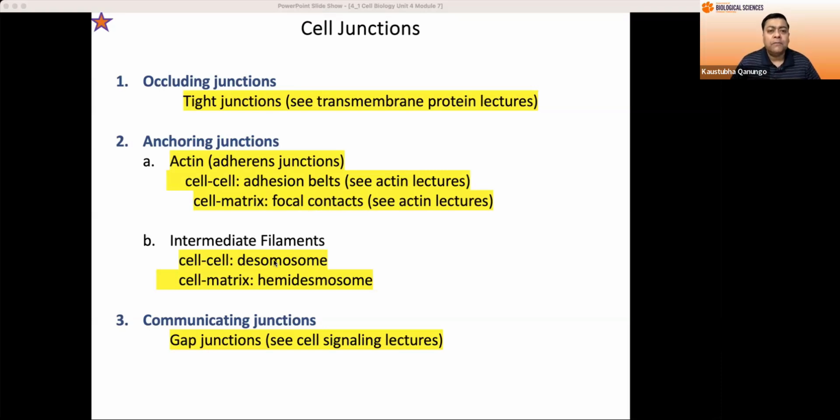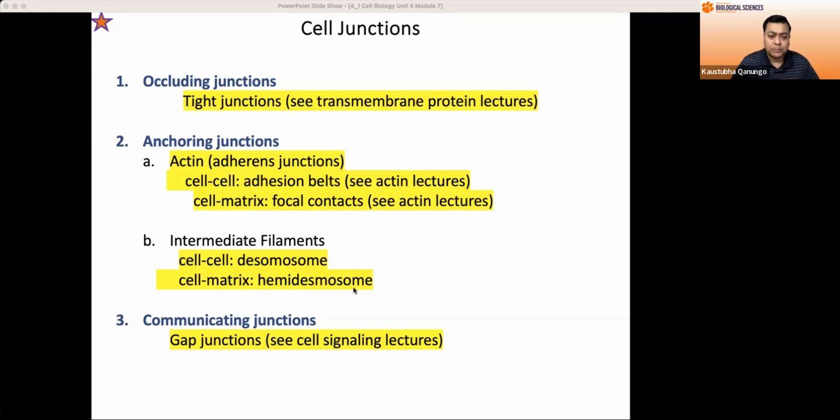On the other hand, if the anchoring junctions are made of intermediate filament, we actually do not have a common name. Maybe desmosomes for each one of them, but cell to cell is specifically just desmosomes. So instead of adhesion belt, here cell to cell is desmosome, and for cell to matrix, instead of focal contact with the actin, you have hemidesmosomes.